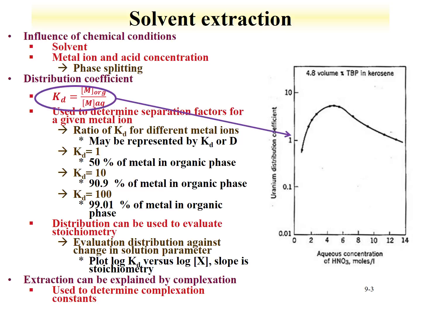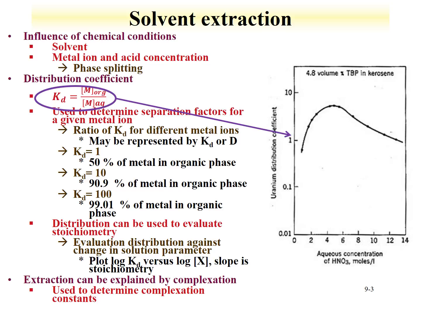An example of a distribution coefficient is shown here for uranium, where in 4.8 volume percent tributyl phosphate in kerosene, we see the distribution coefficient increase as it reaches around 5-6 molar nitric acid, and then begin to decrease. So what we see here is the formation of preferential extraction conditions, and under these conditions, the competition with nitric acid for the tributyl phosphate starts to displace the uranium, so the distribution coefficient decreases.